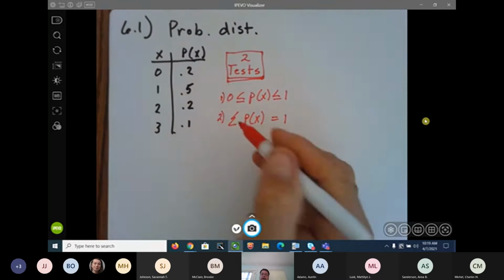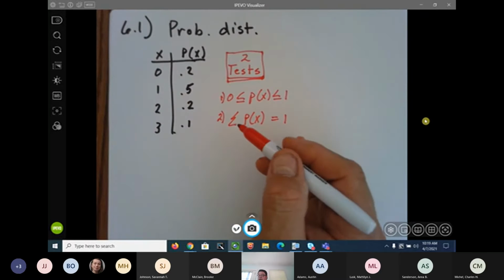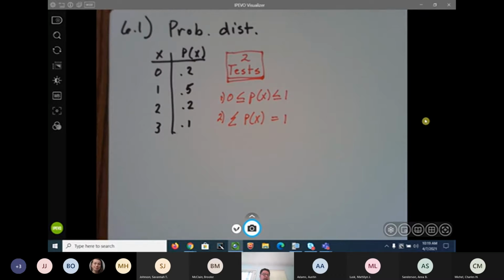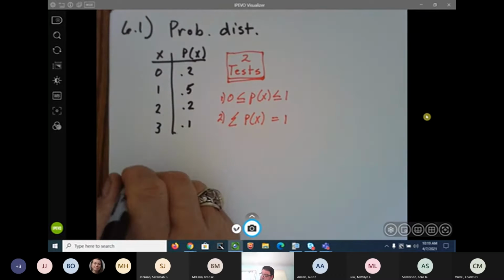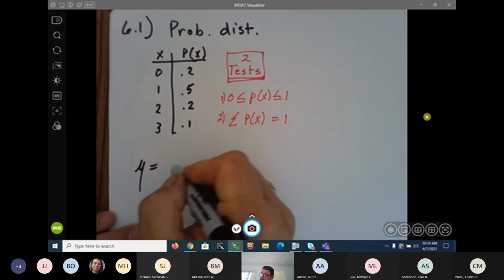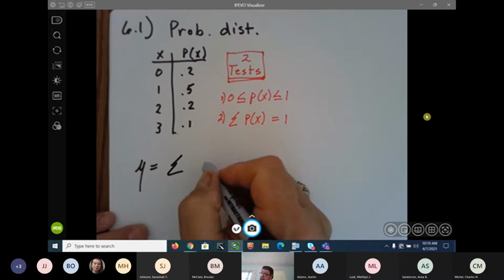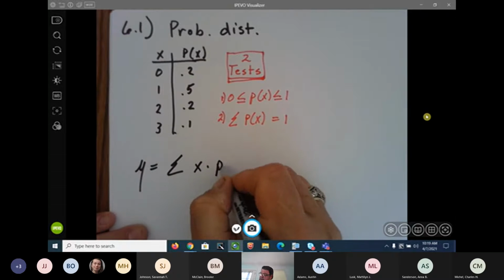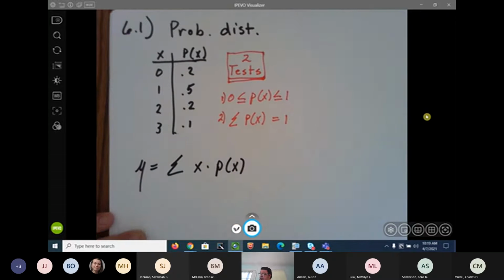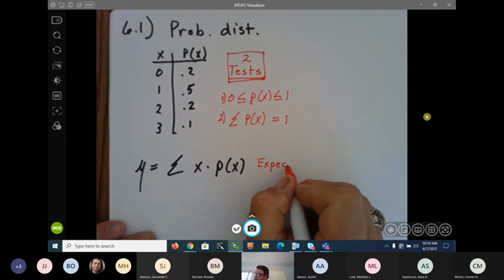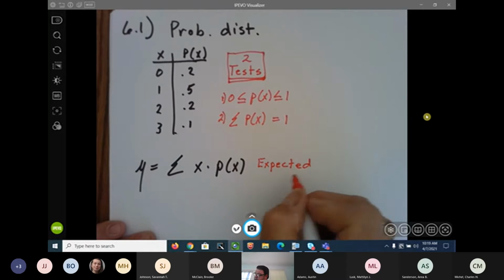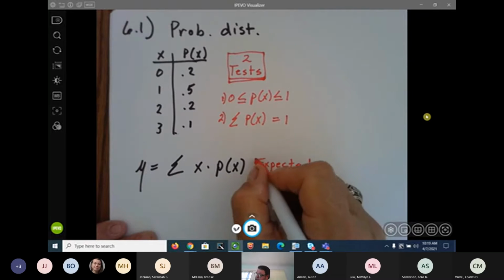So we learned to do that. And we learned to find the mean and the standard deviation of the probability distribution. Mean is equal to the summation of x times p of x. This was also called the expected value in some of the insurance and gambling questions.